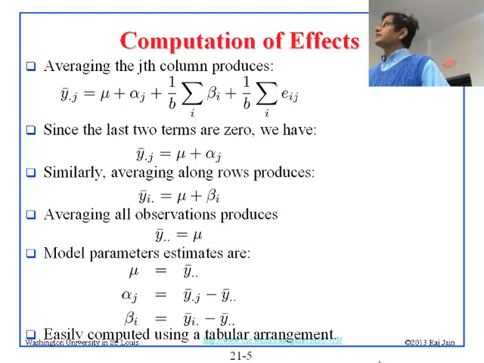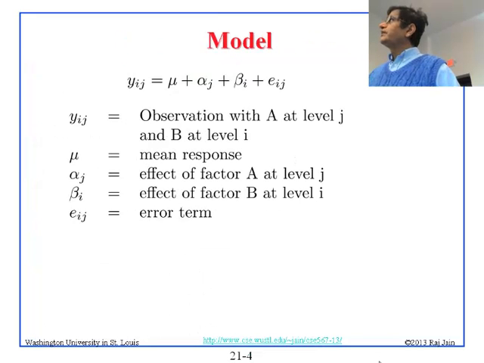Why are the second and third terms 0? Because this is our assumption in the model. In the model we assume that all the alpha effects add up to 0, and all the beta effects add up to 0, so that whatever is common goes into the mu. So mu takes care of anything that is common. Anything that is different goes into alpha j and beta i, and therefore these things add up to 0.